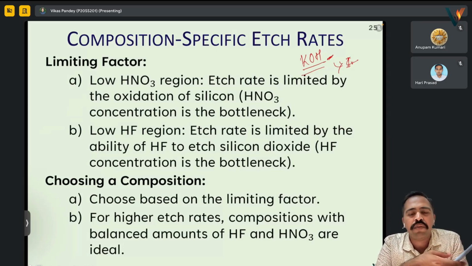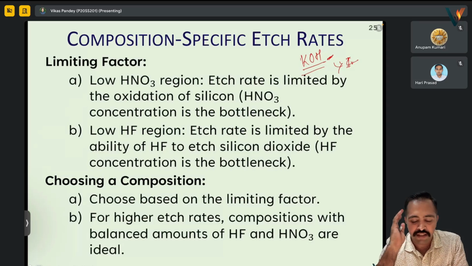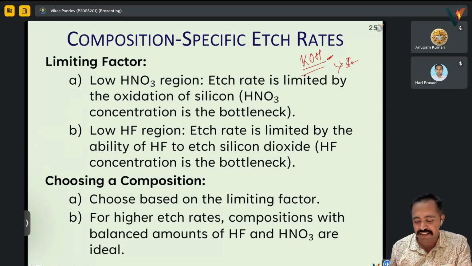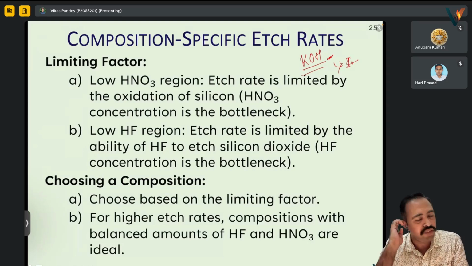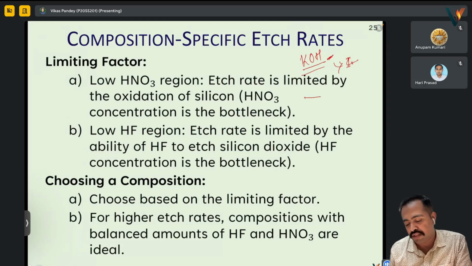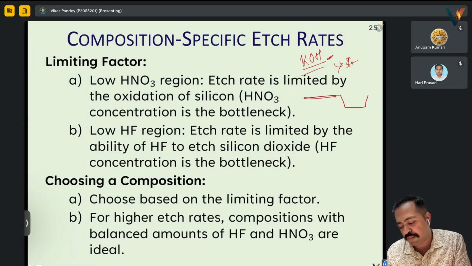In case of metals, you will be able to see with your naked eyes since there is a proper change in color. We have to understand that we are interested in two kinds of etching. One is where we are creating a profile in the material, say the whole material is the same, silicon.